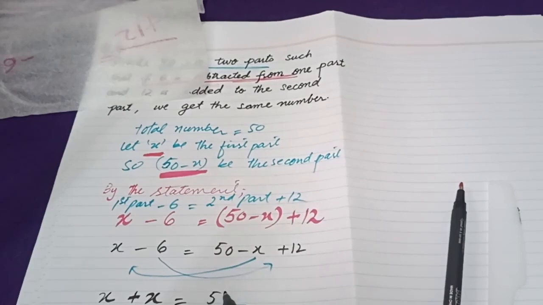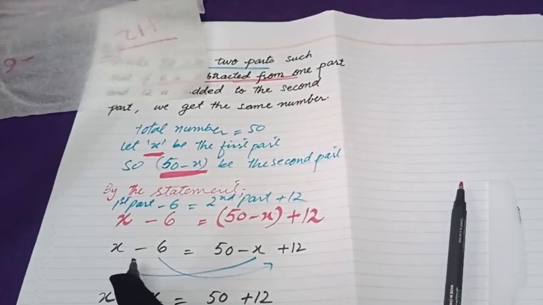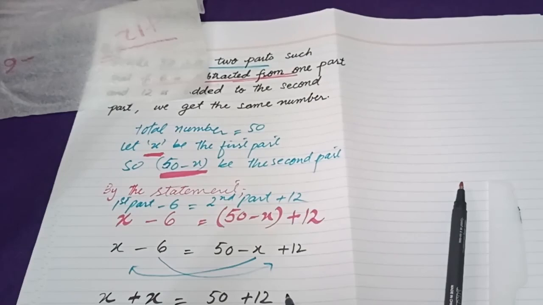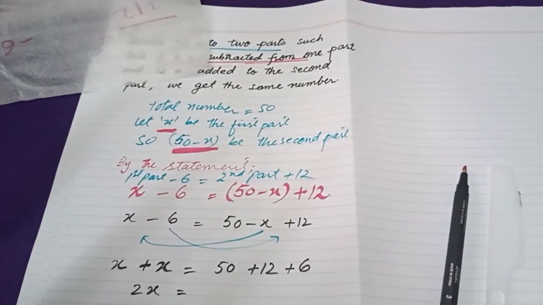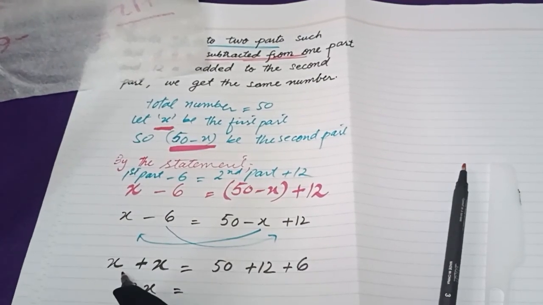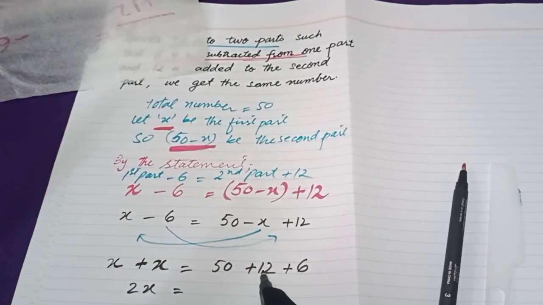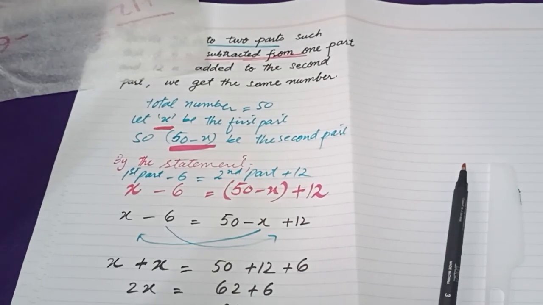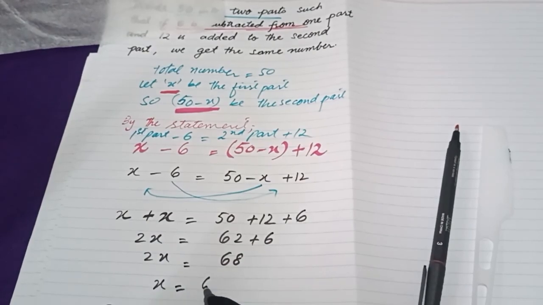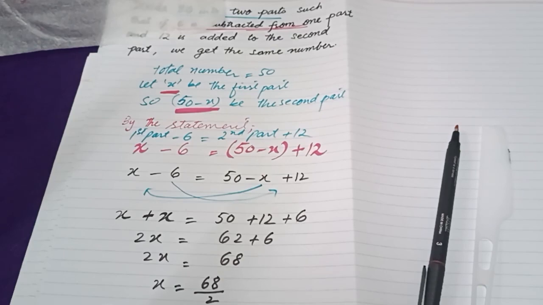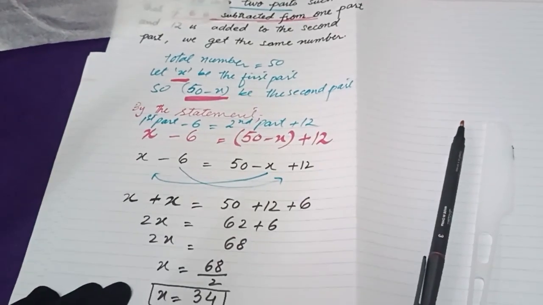Here left 50, here left plus 12, and this minus 6 also shifted on this side, it will become plus 6. This becomes 2x, and 50 plus 12 is 62, plus 6. So it becomes 68 equals 2x. Shift 2 below, 2 3s are 6, 2 4s are 8. This is the value of x you obtained, 34.